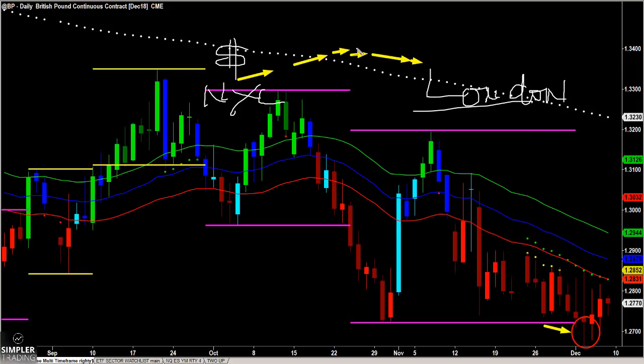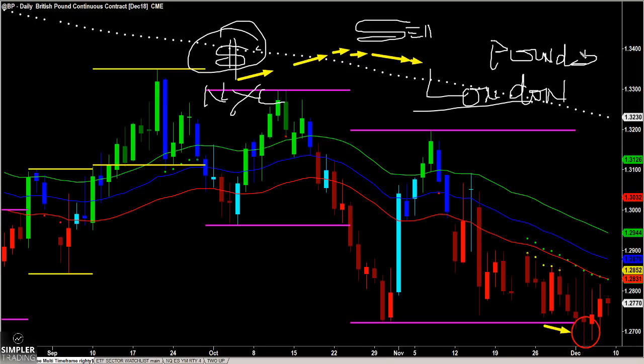And what you need to do is take those dollars, sell them. You are selling US dollars to convert them into pounds. You're selling US dollars, and then you're buying the pounds.